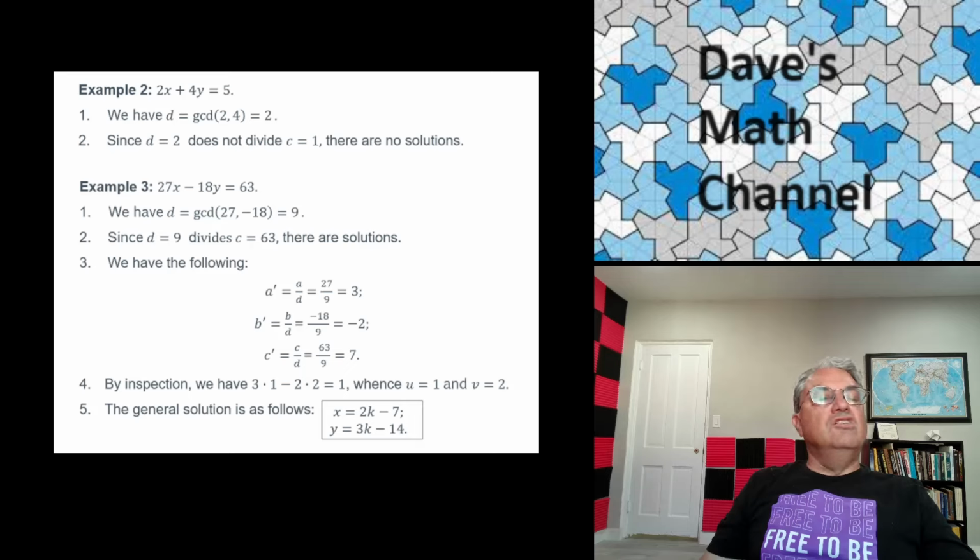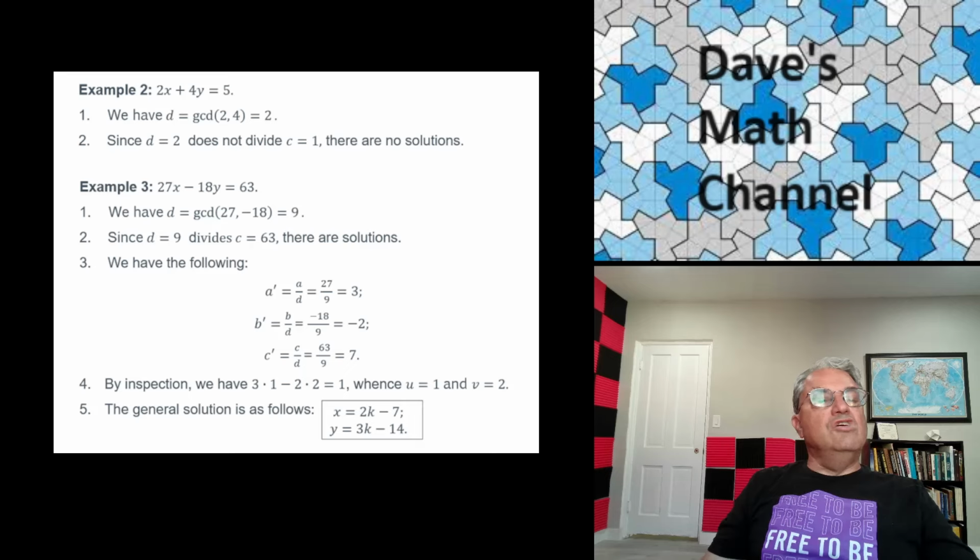Now we check whether 9 divides c, which is 63, and it does. 63 is 9 times 7. The third thing we do is divide all our coefficients by 9. So we get a prime equals 3, b prime equals -2, and c prime equals 7. In other words, our equation is equivalent to 3x minus 2y equals 7.